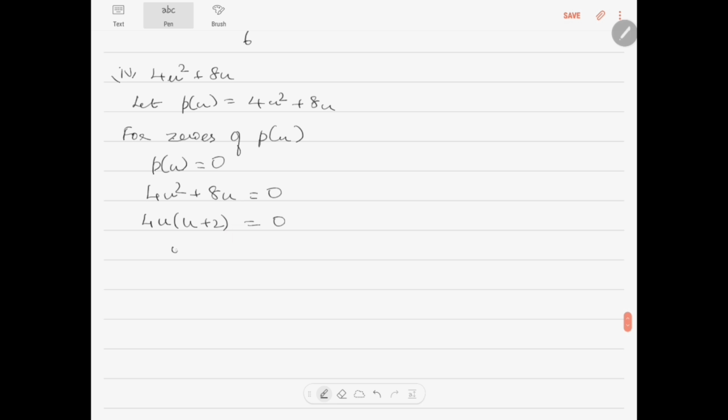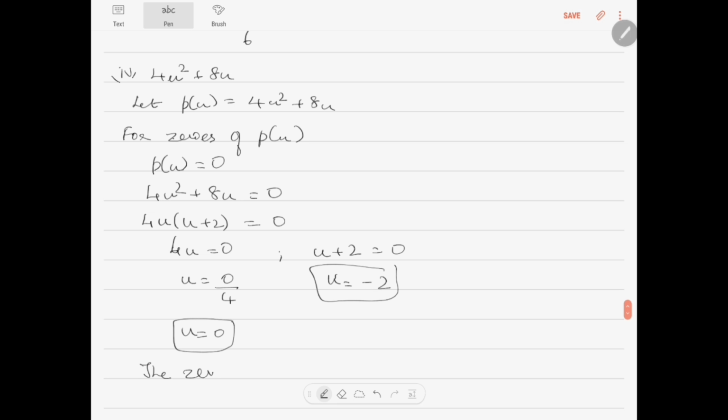So 4u is equal to 0 or u plus 2 is equal to 0. Here u is 0 by 4, u equal to 0. Here u is equal to minus 2. So the zeros of p of u are 0 and minus 2.